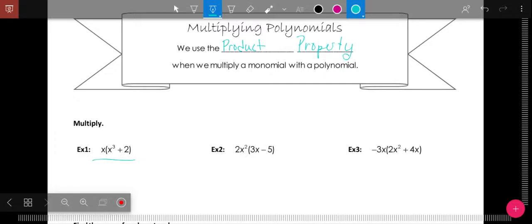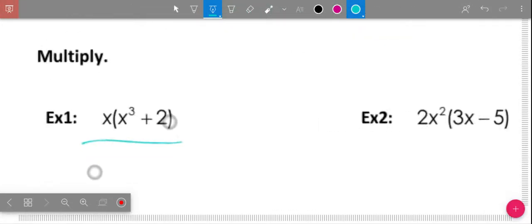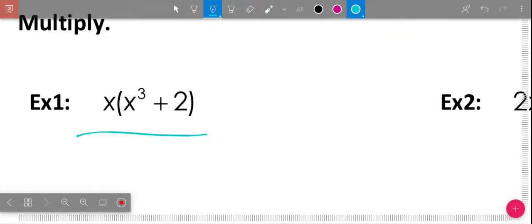So these are my polynomials, okay? They're just lots of terms. That's basically all they are. There are lots of terms in a row. And so we're going to use our product property when we multiply those. Now remember, when we have a number in front of a set of parentheses, we're really just distributing. Okay, we all know our distributive property. So we're going to distribute that x to the x cubed and to the 2.